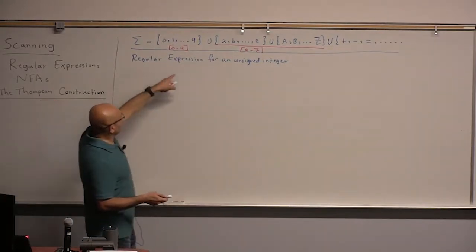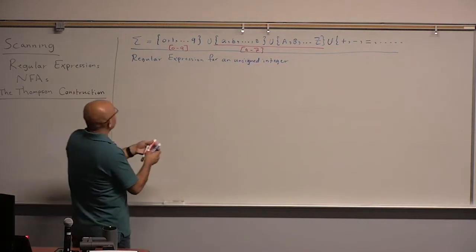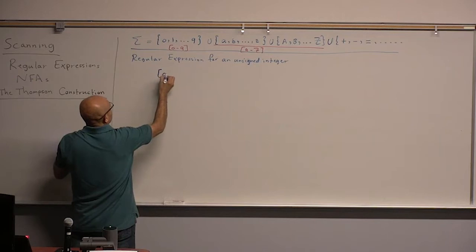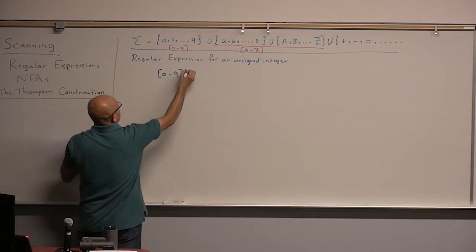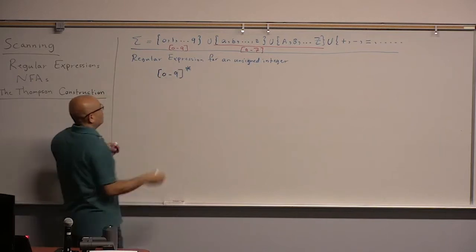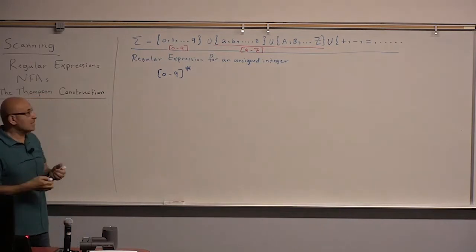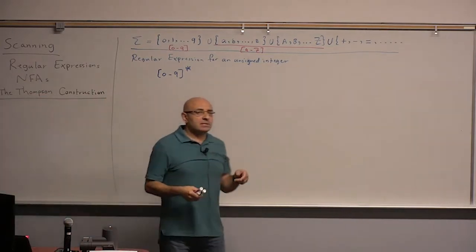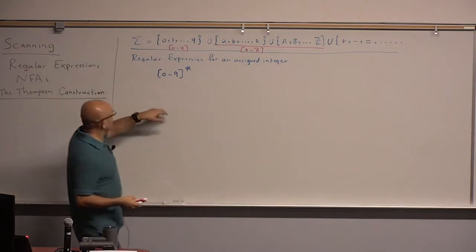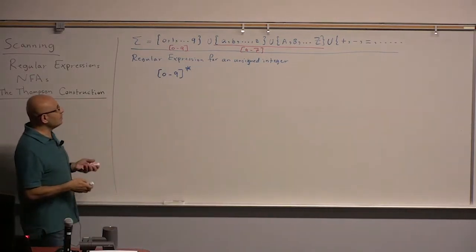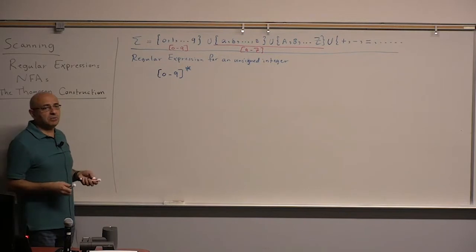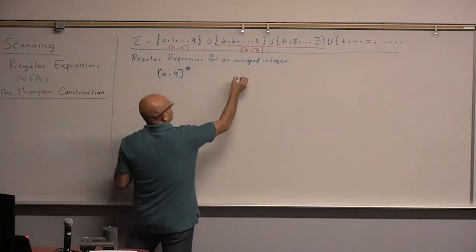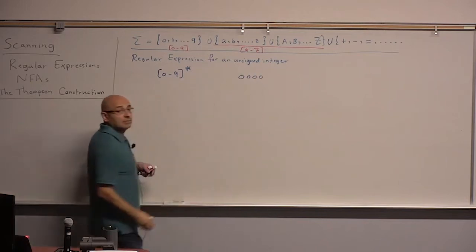Now, a regular expression for an unsigned integer, the first attempt is something like this: 0 through 9 star. And you can repeat as many times as you want. Now this is fine, but this will allow things that we may not want to allow, like, for example, 0, 0, 0.